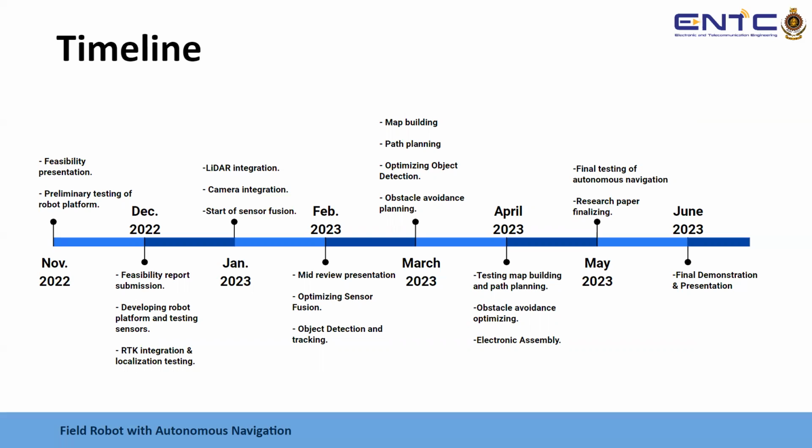By February, we plan on optimizing the fusion, and by March, we plan on working on the map building and path planning and object detection optimization. By April, we plan to test the map building procedure and obstacle avoidance optimization and electronic assembly. By May, final testing, and June, final demonstration and presentation of our project.